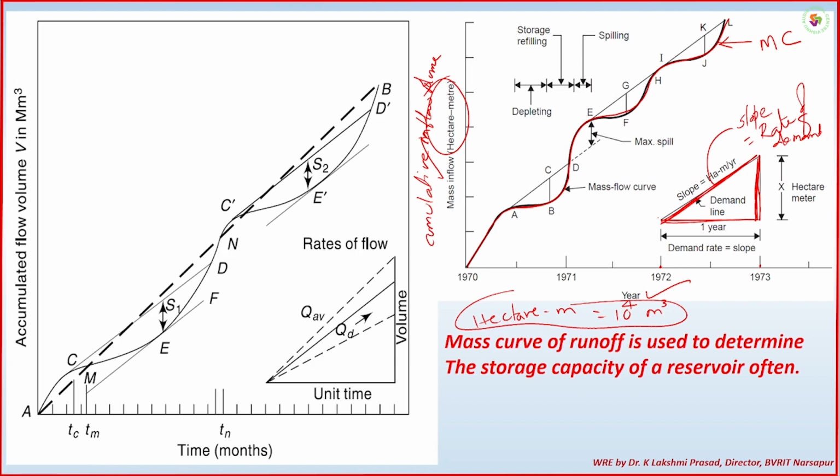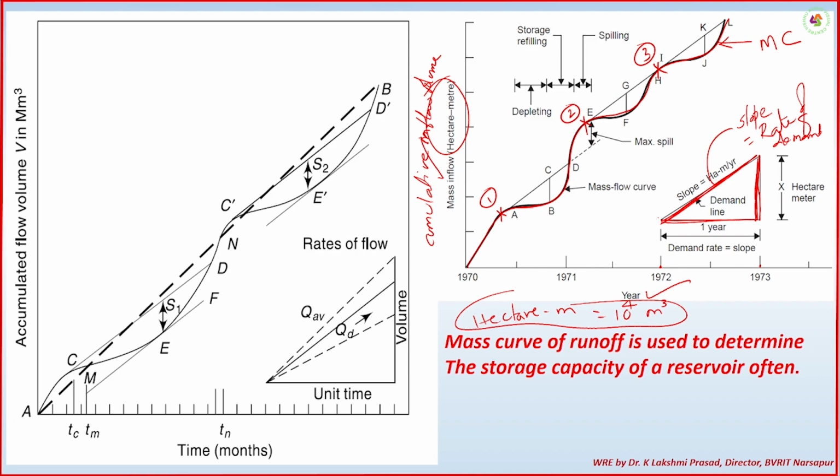Once that is done, next what should you do? You already have the mass curve and the demand curve, both plotted on the same graph. Now next, identify the peak points of the mass curve. This is one peak point, this is another, and this is another. So in this mass curve, there are basically three peak points.